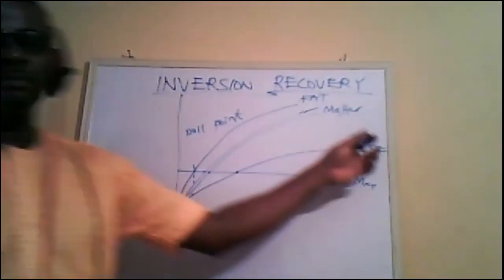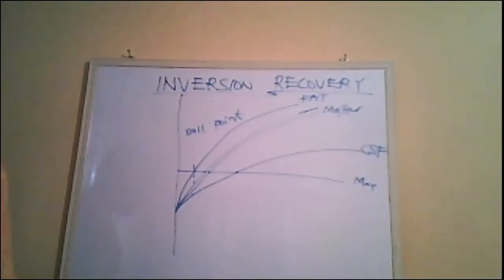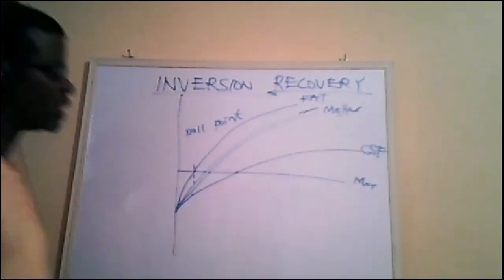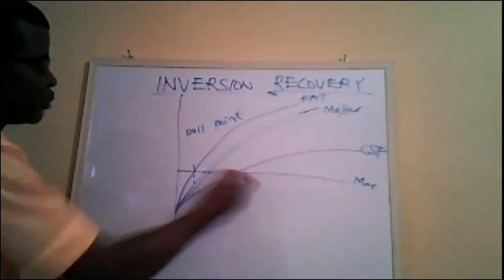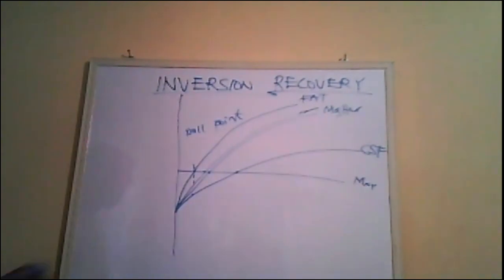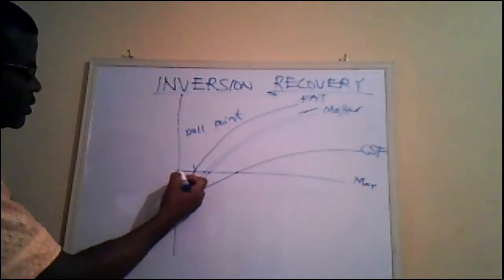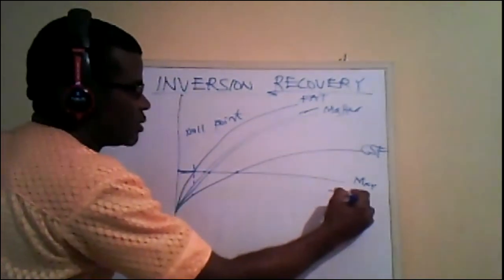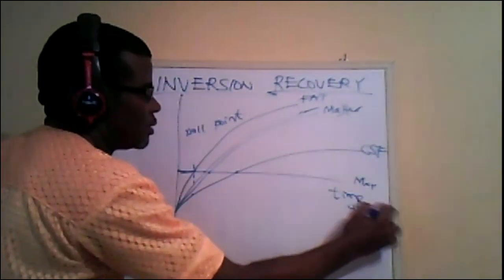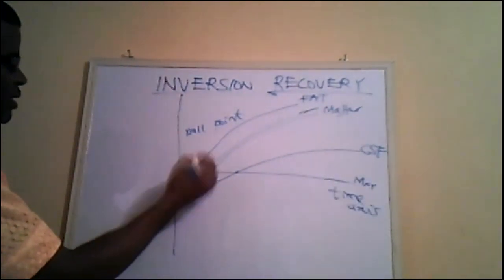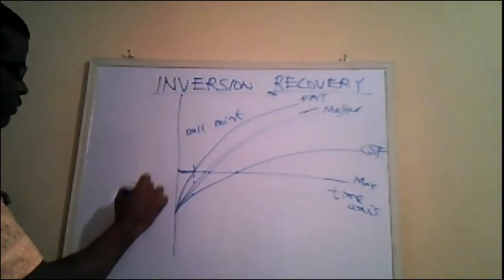Of course, we know that the fluid is mainly composed of water, so we can take the null point of water to be closely along this point. So this is the null point for CSF. And this is our time axis. The distance from here to here is the time of inversion.